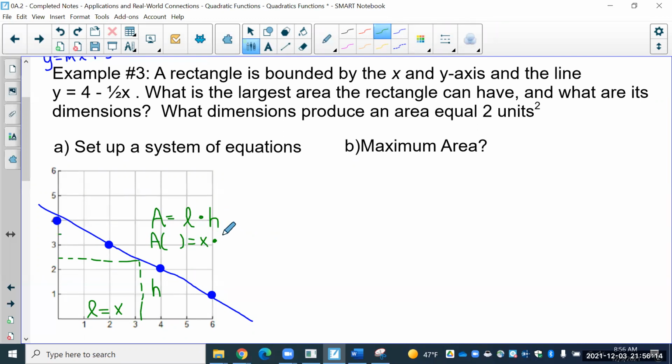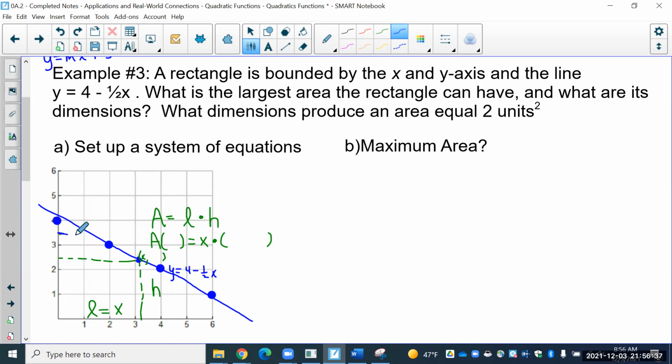And this is the part that throws some students off. The height is actually controlled by this blue line, meaning if I were to look at this point right here is x. But then what makes the output value? The output value is made by the line y equals 4 minus 1/2 x. And you might say, well, what if I move the rectangle?